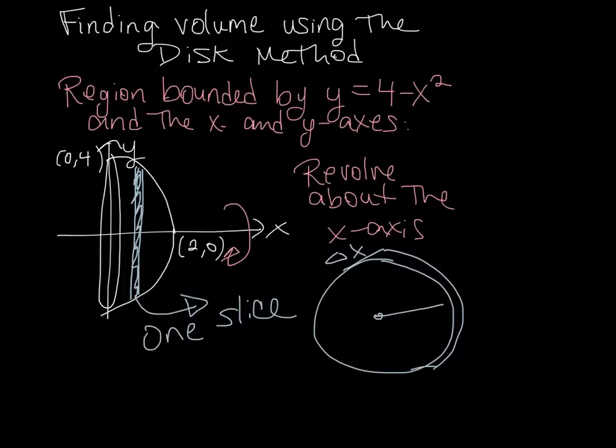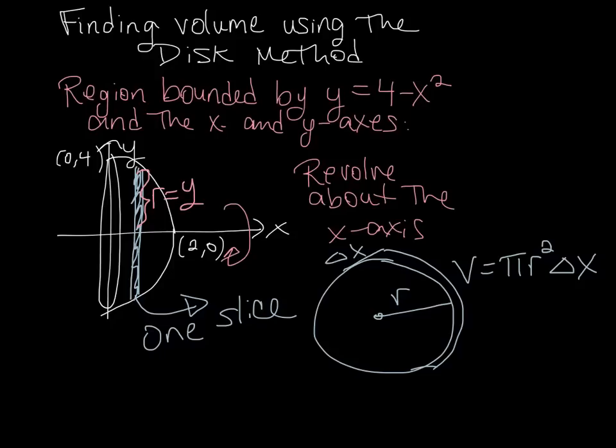It's got some radius, and the volume of this disk is pi r squared delta x. It's like a teeny tiny flat little cylinder, and the volume of a cylinder is pi r squared h. So this is pi r squared delta x. Now looking back at the original diagram, you see where this disk came from, and you'll notice that the r is exactly the y value.